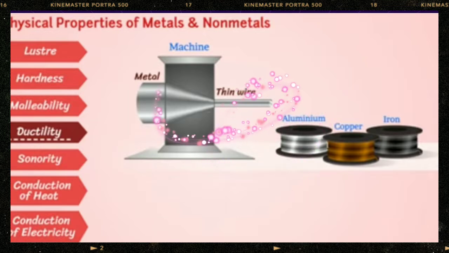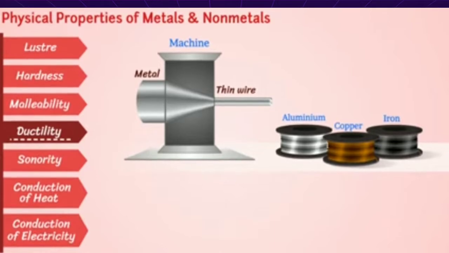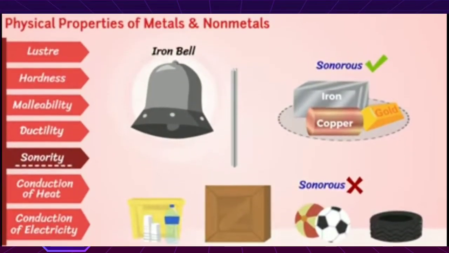Metals are ductile, they can be transformed into a wire, whereas non-metals are not ductile. Next is sonority. Metals have sonority, whereas non-metals do not have a sonorous sound. Iron, copper and gold, example is given, iron bell.